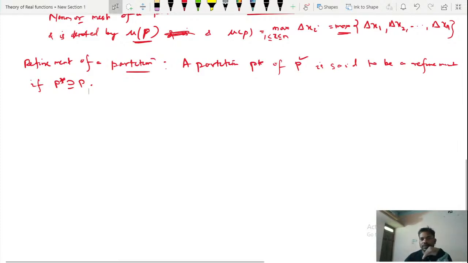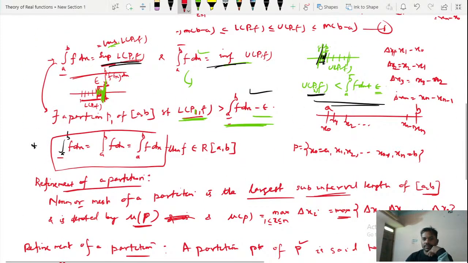Suppose this is a partition P. Then what will be your P star? It is a superset, so you have to keep all these points and also write some extra points.